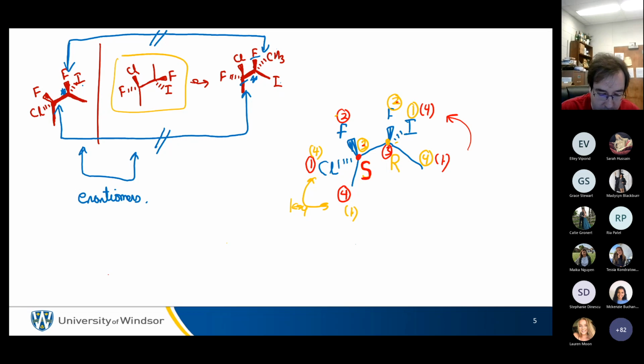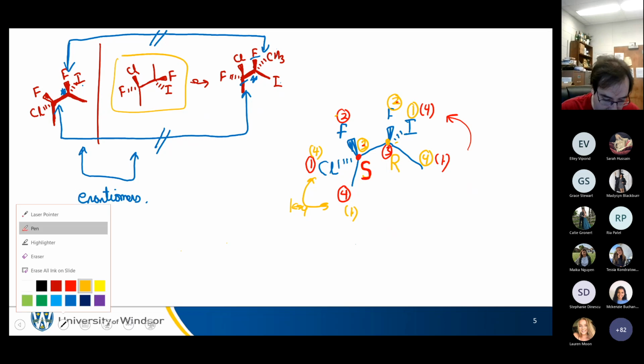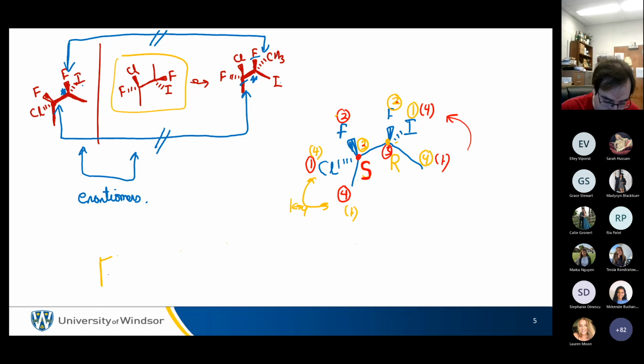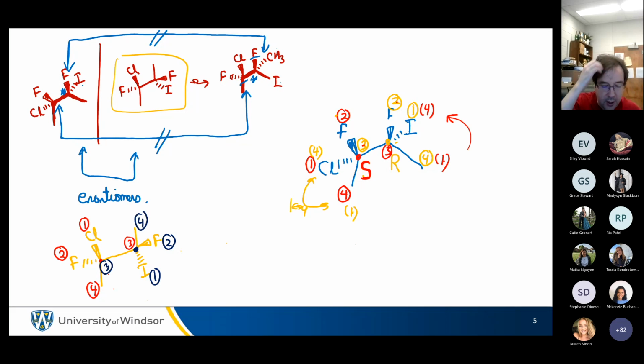If I now look at this molecule, I'm going to draw it big, down here. Just do my priority thing.